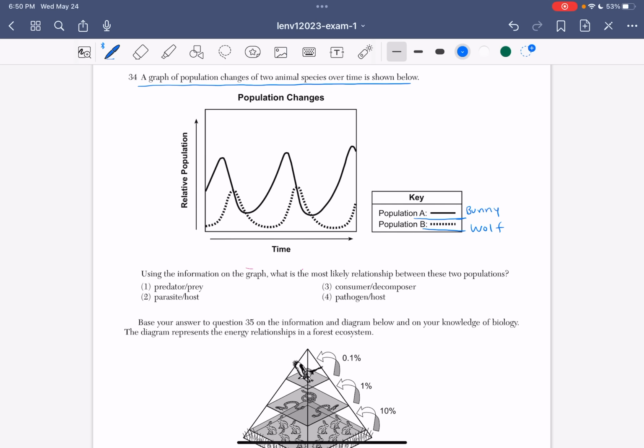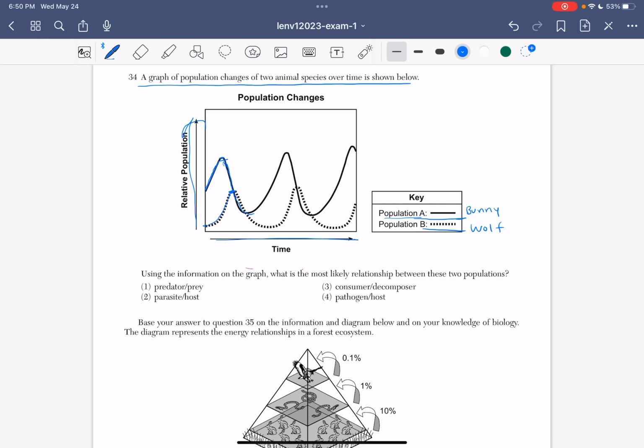For the bunny population, over time, this is the amount of bunnies. It goes up, and then something happens where it starts going down. So population B, it's going up, and then as it increases and it has its maximum, population A starts decreasing. So this species, when it's really high, is making species A start dying out.